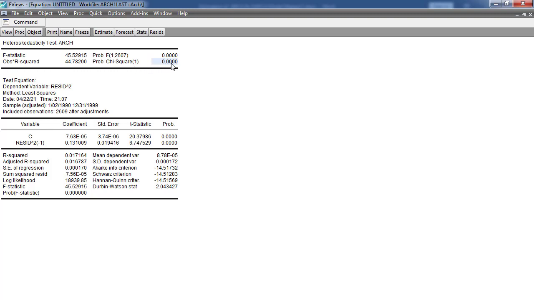What is the null hypothesis? The null hypothesis is that the model has no ARCH effect or no volatility clustering, and the alternative is that the ARCH effect is present in the model.